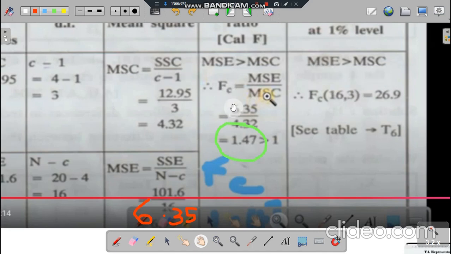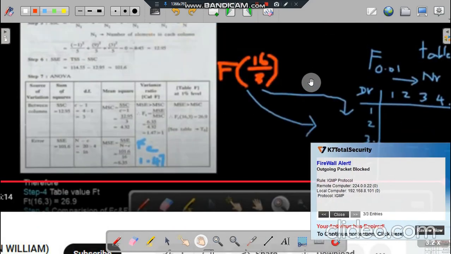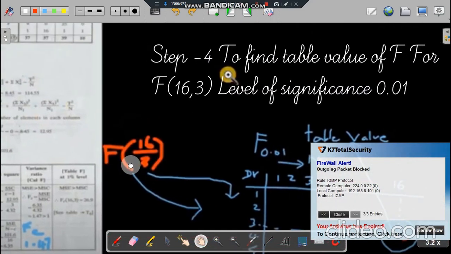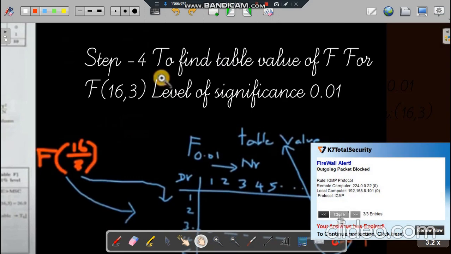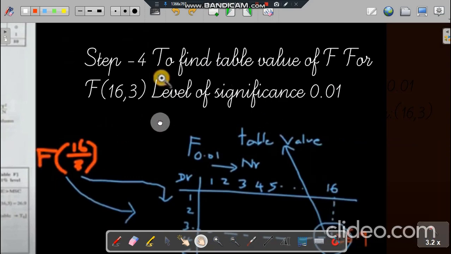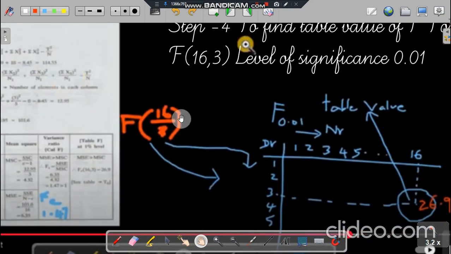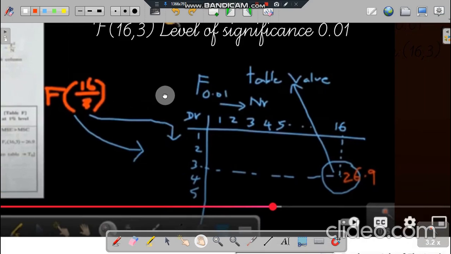Now it is the tabular value, and already we know that the tabular value goes like this, and here we see that the degrees of freedom are 16 and 3. The tabular value: this is the numerator and this is the denominator.